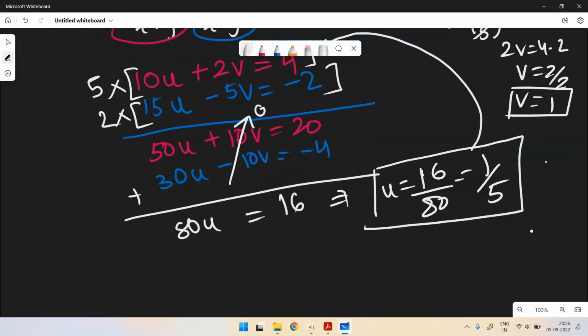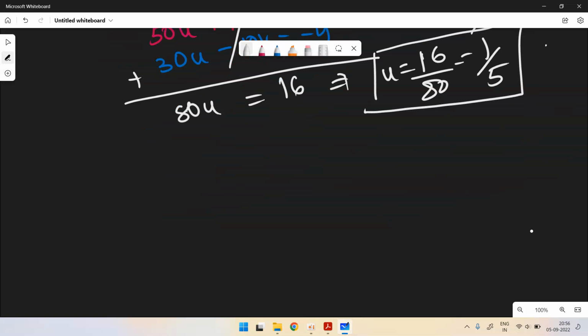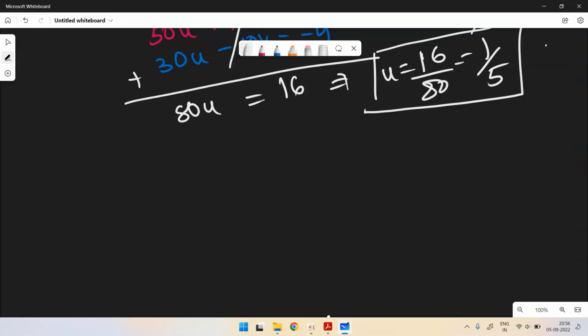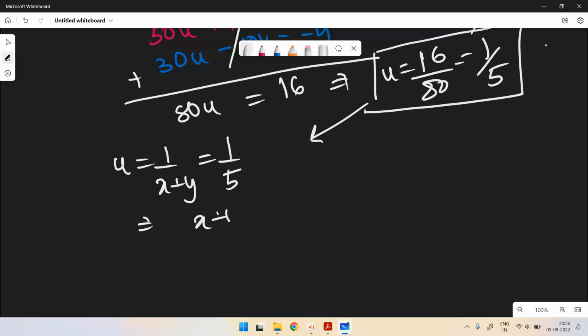But in the question, you need to find the value of x and y. So I had taken u as 1 by x plus y, which is equal to 1 by 5. If you solve this, it becomes x plus y equal to 5.